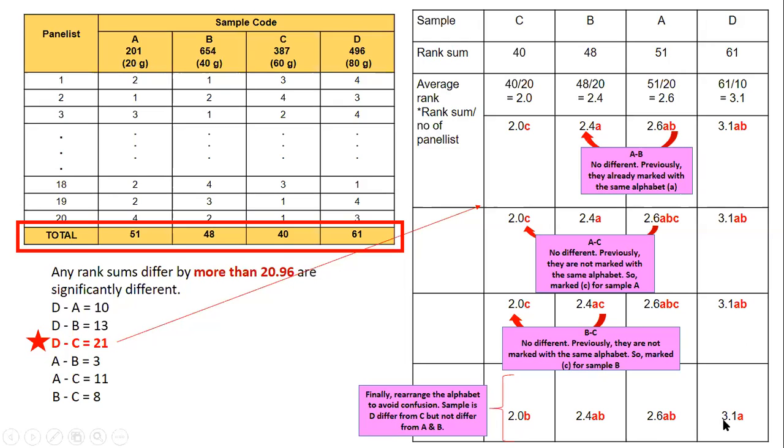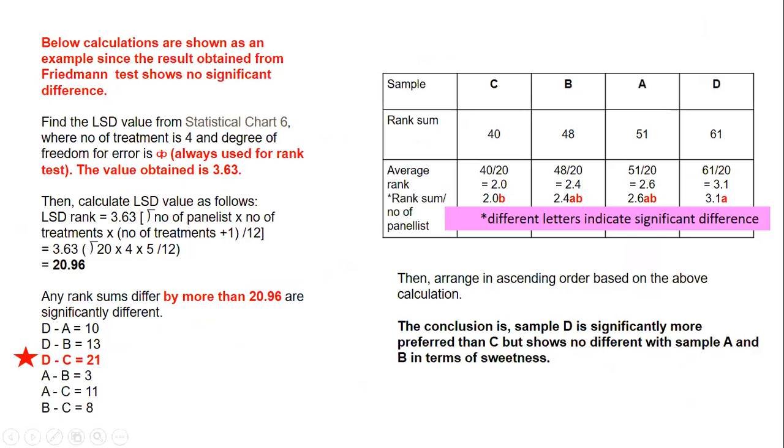Yang ketara hanyalah di antara sampel D dan sampel C. Okay? Saya rasa okey kot kan? So barulah you buat keputusan seperti mana yang saya tulis di sini. Okay? As a conclusion, sample D is significantly more preferred than C, but sample D shows no difference between sample A and sample B in terms of sweetness.